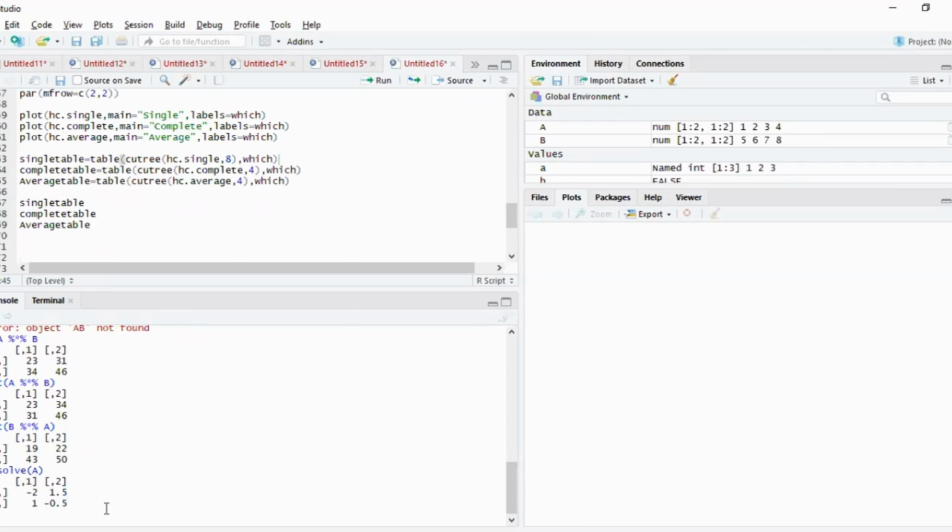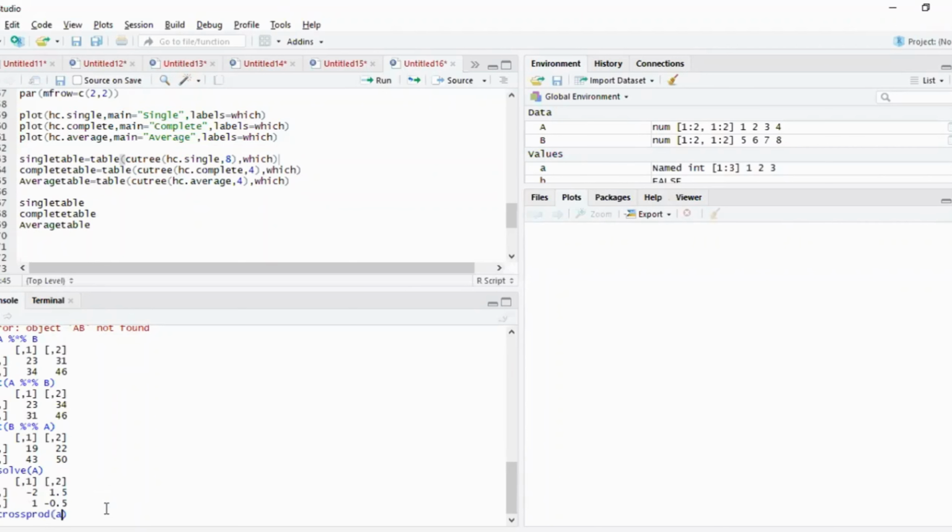Okay, fair enough. Now suppose I want to calculate A transpose into A, or X transpose into X, or B transpose into B. What should I do? There is a command called cross product.